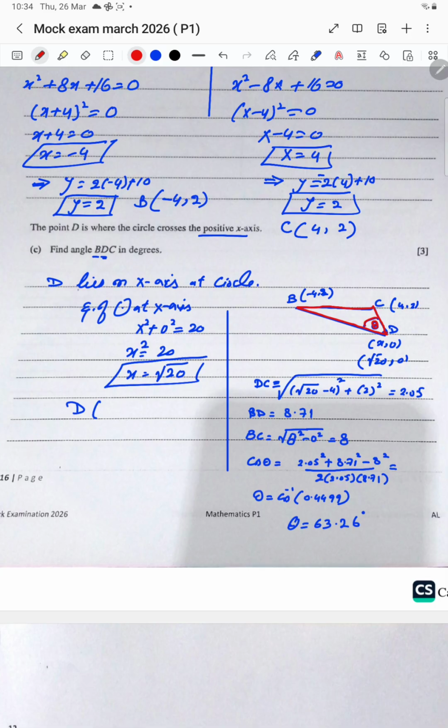So now we have the coordinates of C. There are different methods to solve it. One method you have already done in your levels, that we can use the cosine rule, 3 marks. So it's not a big deal.